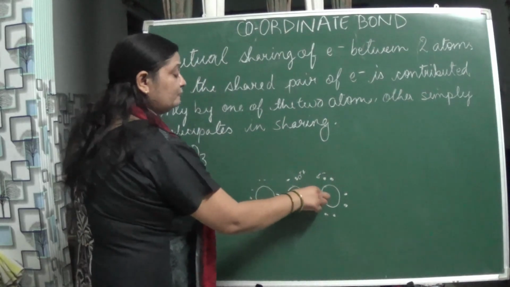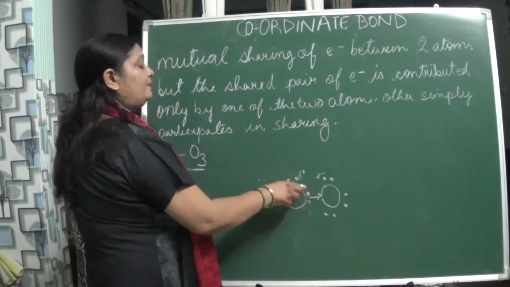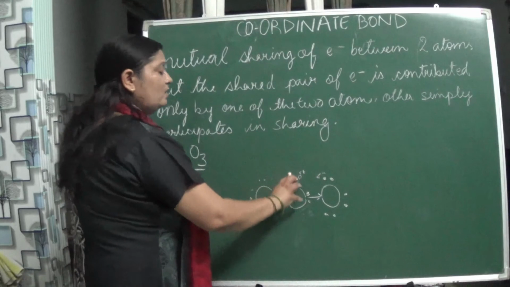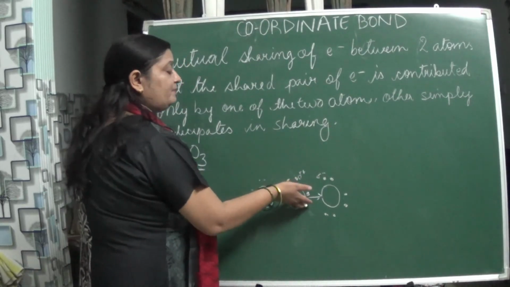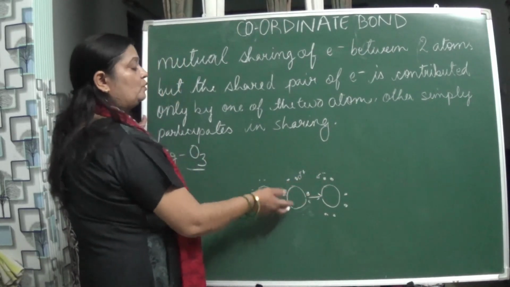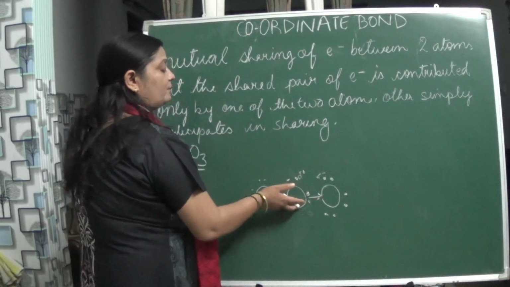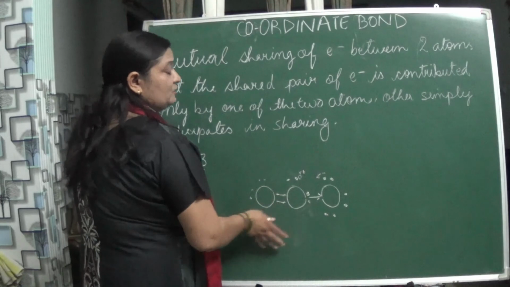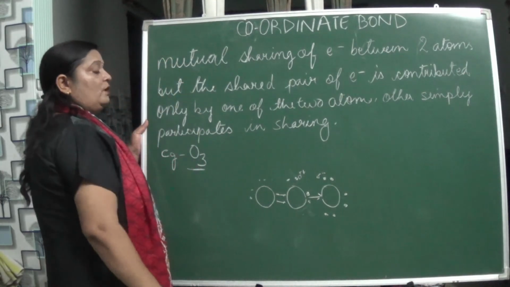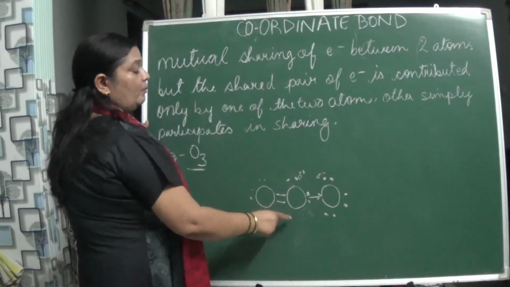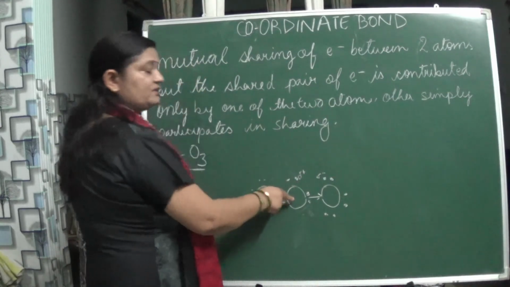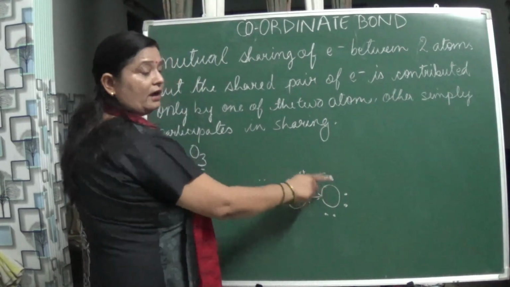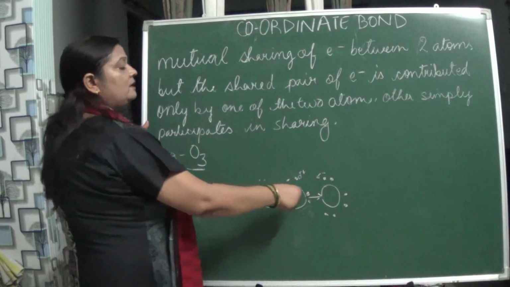And this type of bond, in which only one of the atoms participates in donating the electrons for the bond formation, is known as a coordinate bond. Here only this oxygen is contributing in sharing with this oxygen atom.